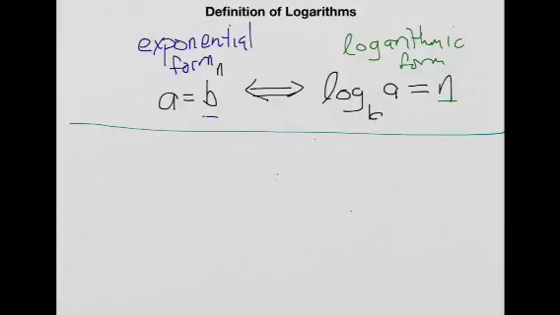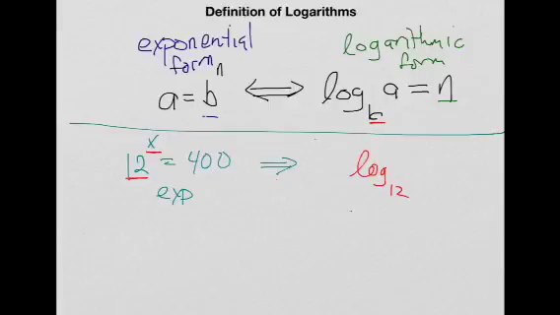One of the main ways we use this relationship is to switch back and forth between different forms. So if I had the equation 12 to the x power equals 400, this is an exponential form. I could rewrite this into logarithmic form, and I would say my base is 12, so this is going to be a log base 12.